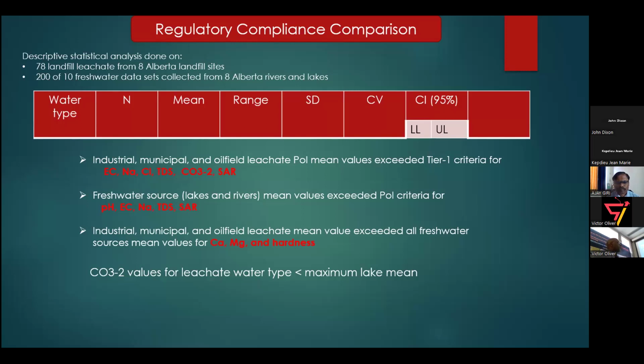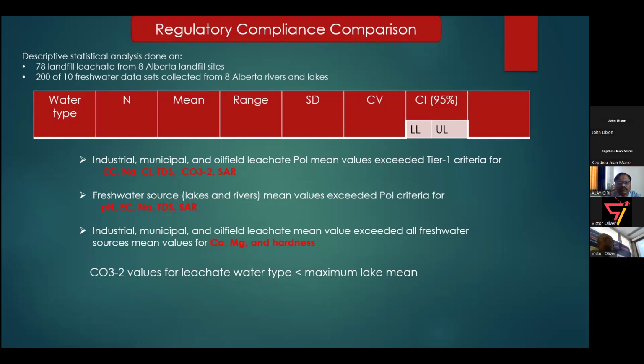For the parameters of interest, the mean values exceeded Tier 1 criteria for EC, sodium and chloride ions, TDS, carbonate, and also SAR. Whereas for freshwater sources, the lakes and rivers, the mean values exceeded for pH, EC, sodium, TDS, and SAR.